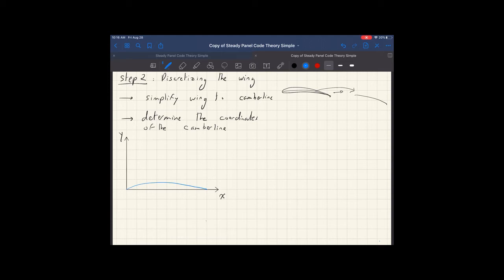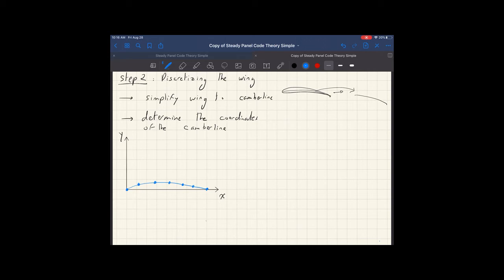So this is your camber, and you determine the corner points or the coordinates of that camber. So you basically just take the camber and discretize it to corner points here, just like that.